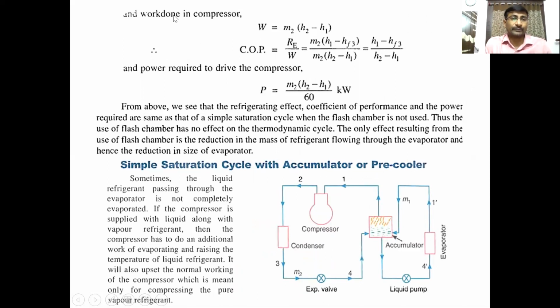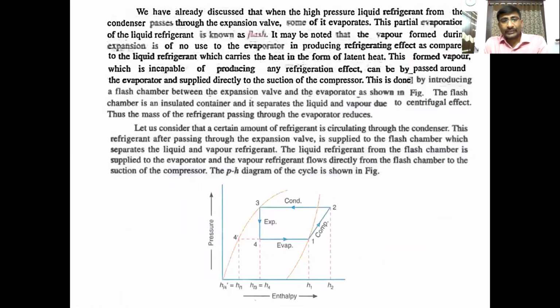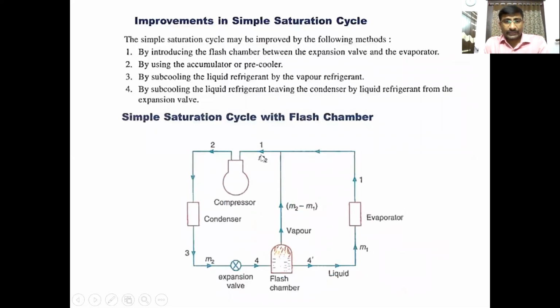So let us look at the work input. What is going on in the work input? The work done in the compressor is W equal to M2 into the change in enthalpy across the compressor from 1 to 2, that is H2 minus H1.